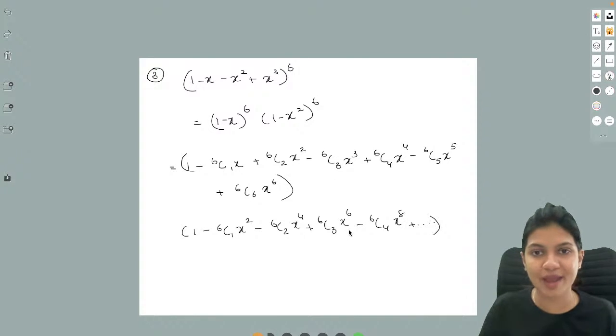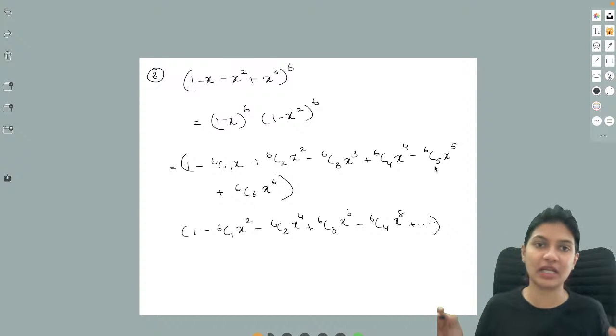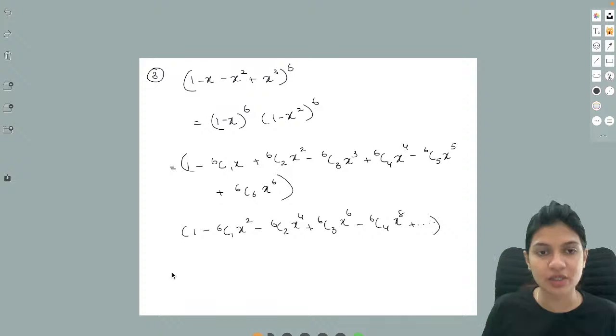That is x into x to the power 6. X square is not there. X cube into x to the power 4 and x square into x to the power 5. That's it. No other multiplication will give you x to the power 7.